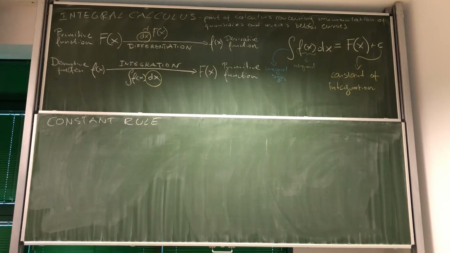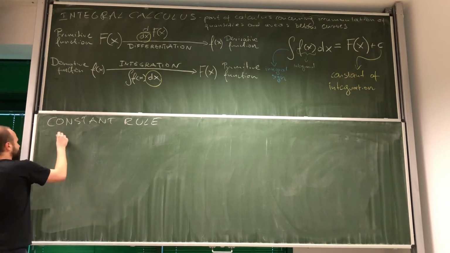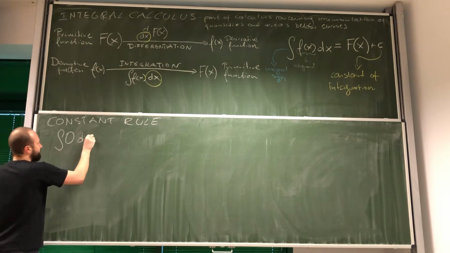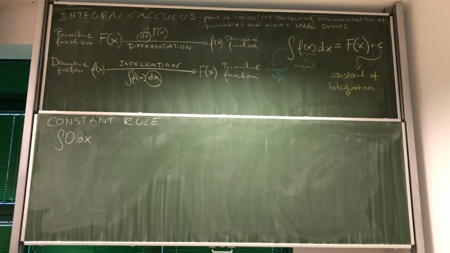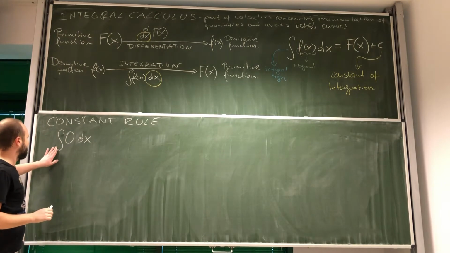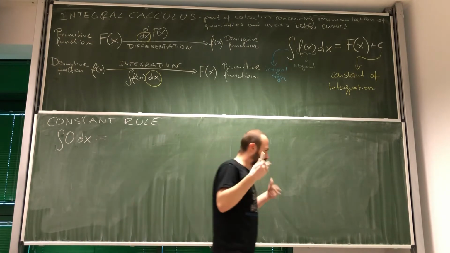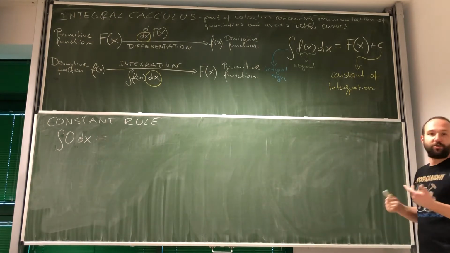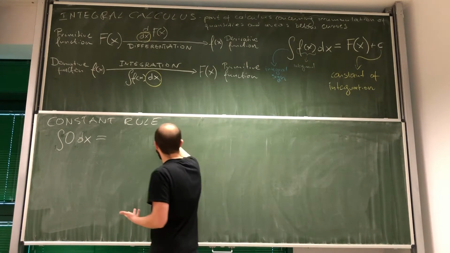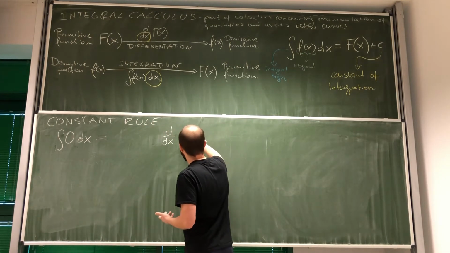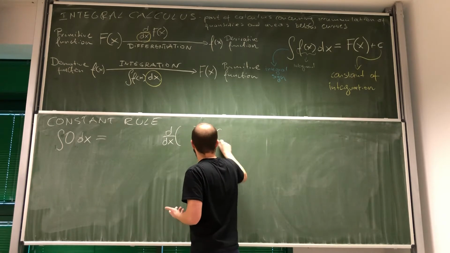And actually, we're gonna here do 2 of these rules. Look, first, what if I'm integrating 0? Well, if I'm integrating 0, then I should think about what is going to give me a derivative equal to 0. So what expression I need to differentiate to get 0?